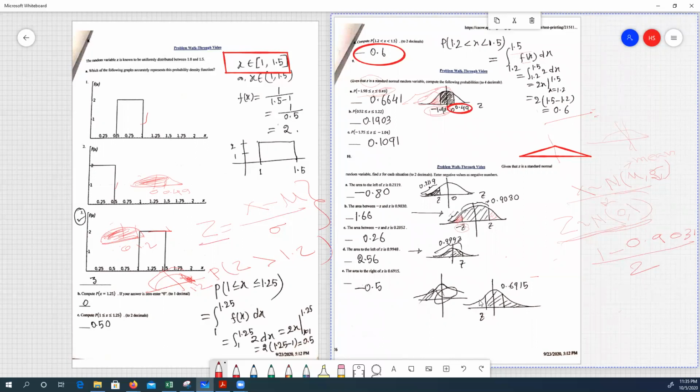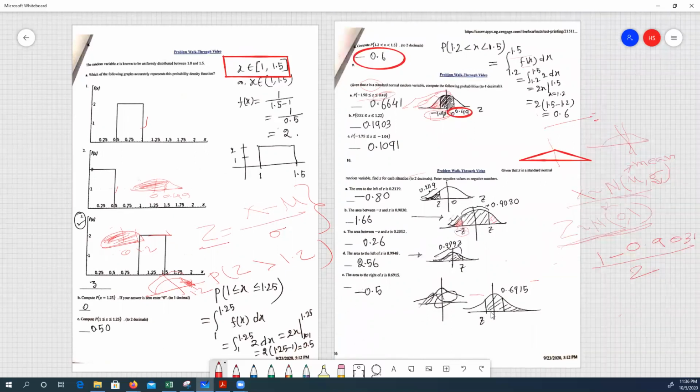The total area is 1. Since the area on the right side is 0.6915, the area on the left will be 1 minus this number, right? Then you will have the area on the left side. So it is 1 minus 0.6915.